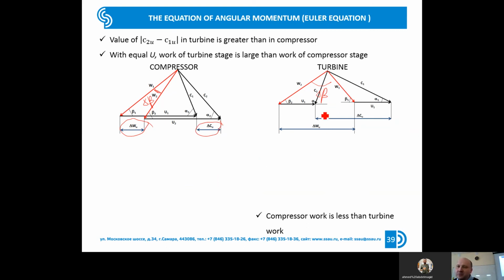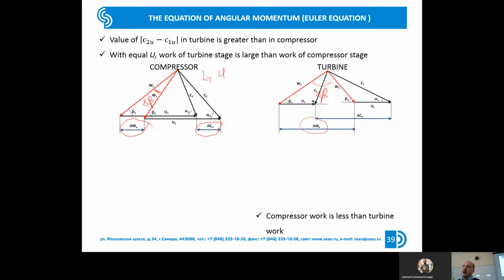In the turbine, because we have no limitation, these values are big. And what can we say? If we have approximately equal circumferential velocity in the compressor and in the turbine, the specific work of the compressor stage will be less than in the turbine stage.